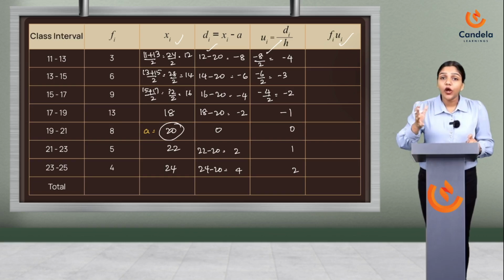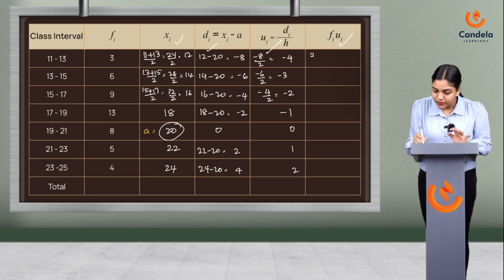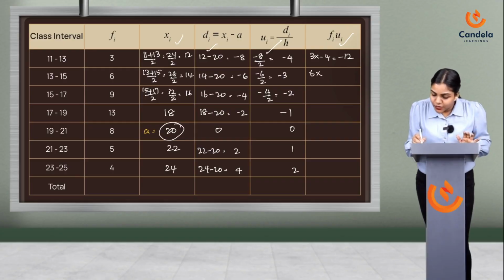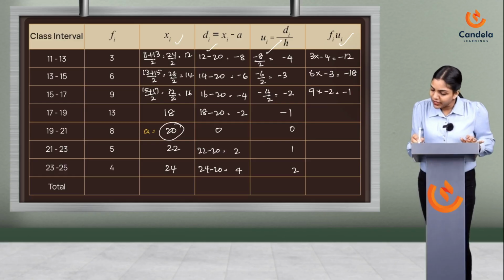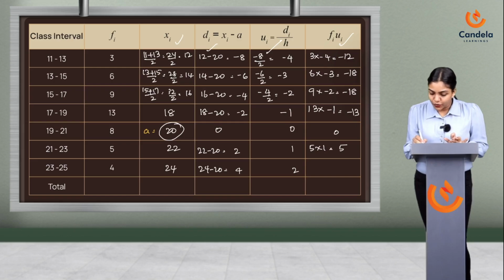Next, we have to take the product between ui's and fi's. So 3 into minus 4. It is equal to minus 12. Next, 6 into minus 3, you will be getting it as minus 18. Next one, 9 into minus 2, it will be equal to minus 18. 13 into minus 1, it will be equal to minus 13. 8 into 0, it's 0 itself. 5 into 1, it's 5 itself. 4 into 2, equal to 8.